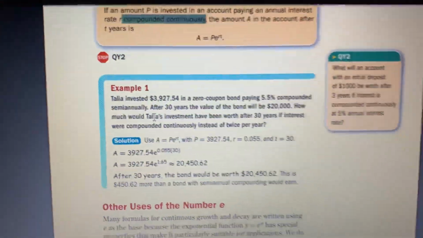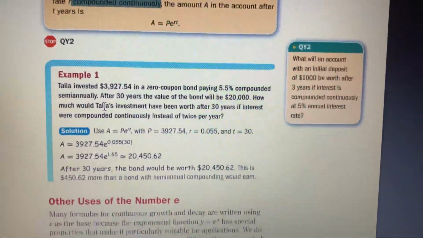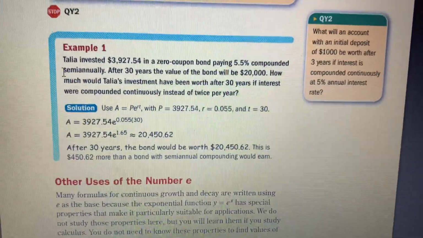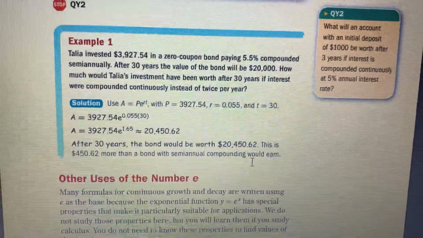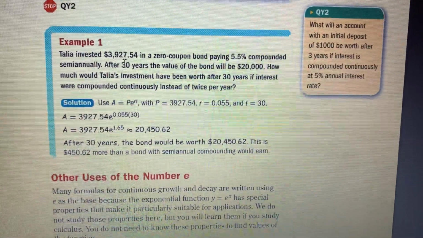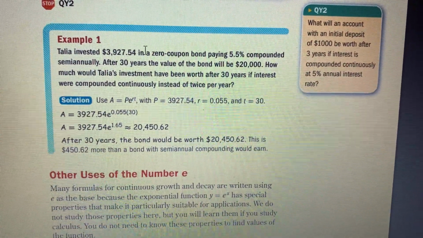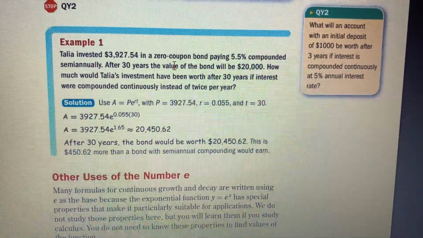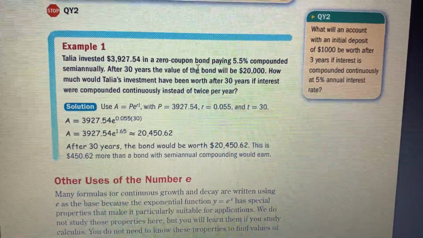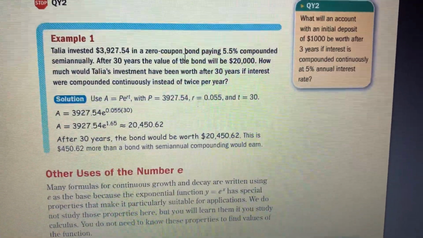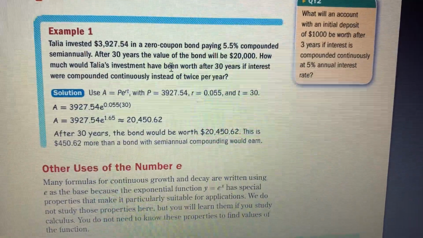Okay, here's an example for you. I'm just going to do an example, and then that's it, because all you're doing is plugging and chugging, reading and seeing. Anyways, Talia invested $3,927.54 into a zero coupon bond. I don't know what that is, but it's a bond. A bond is almost like a savings account that pays you money for keeping your money in this account.